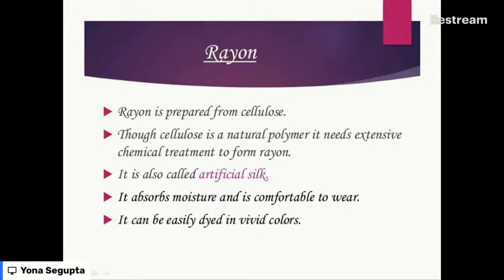Thus, it is a man-made fiber. It is much cheaper than silk and can be woven like silk fibers. It can also be dyed in a wide variety of vivid colors. And rayon is mixed with cotton to make bedsheets, or mixed with wool to make carpets for that type of texture.